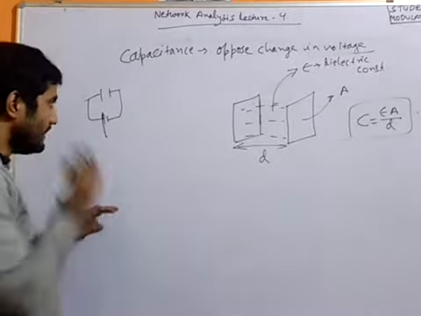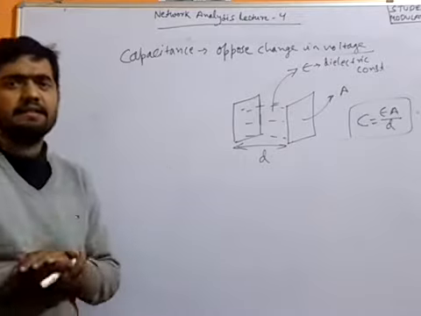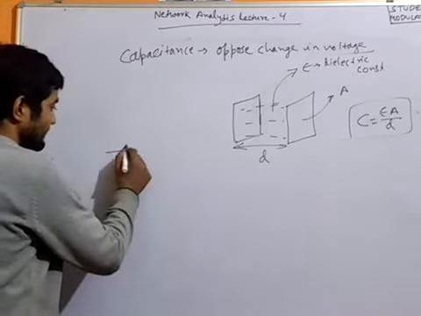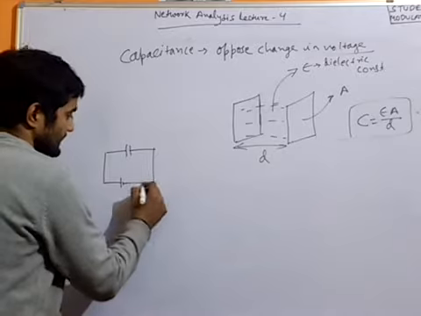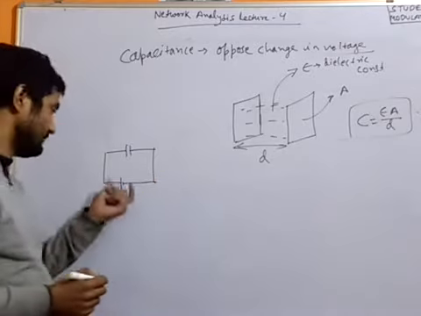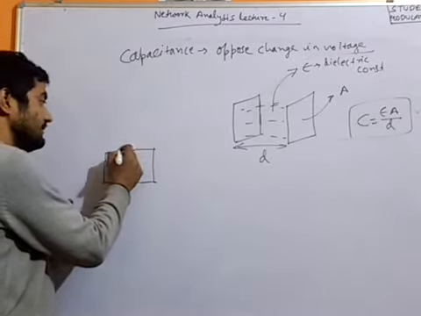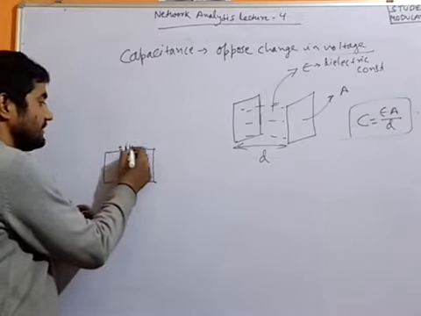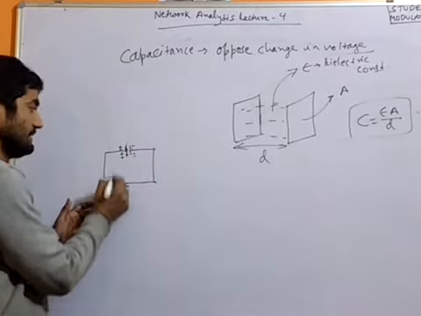Now come to the topic of how we can relate the current and voltage in the capacitor. So we have this capacitor and this is the voltage source. We will start charging it, and up to some point it will be charged. The capacitor will be charged with some voltage, and of course the charge will appear across it, minus charge on the minus side and plus Q charge on the plus side.